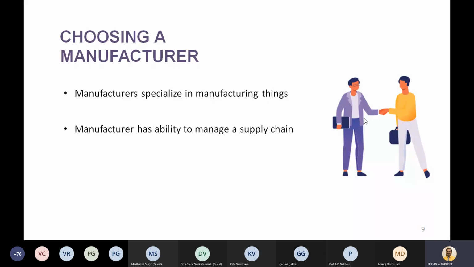These manufacturers may be specialized in manufacturing the components, but they may not be experts in designing the products. Correct? But they are really good at making. Take the example of TI and the CC430, an ultra low power wireless controller.